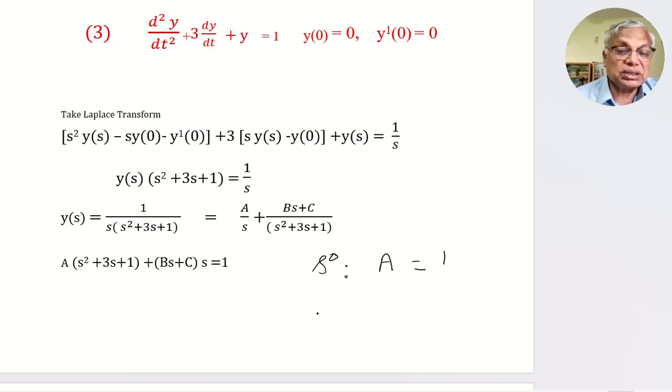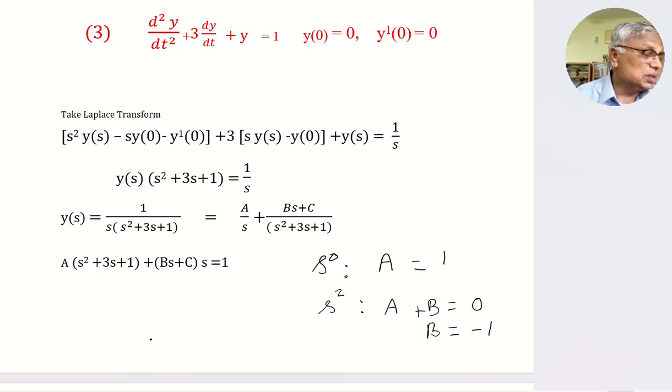So next let us take s square terms. If we take s square terms, a s square plus b s square equals, on the right hand side there is no s square term, so a plus b equals 0. Since a is already 1, b is minus 1. Next let me take the s term.